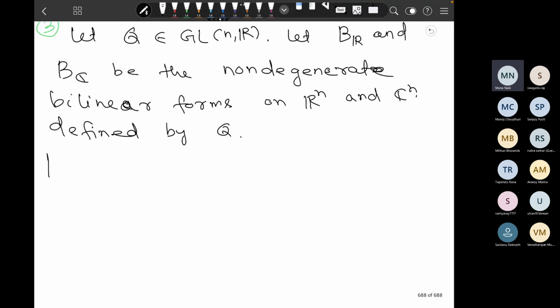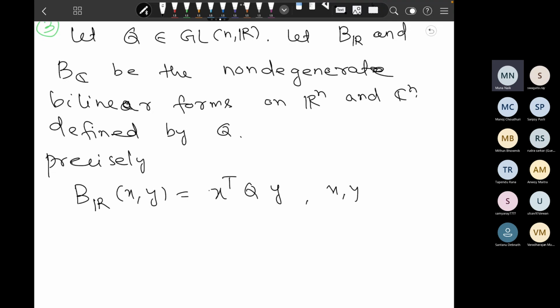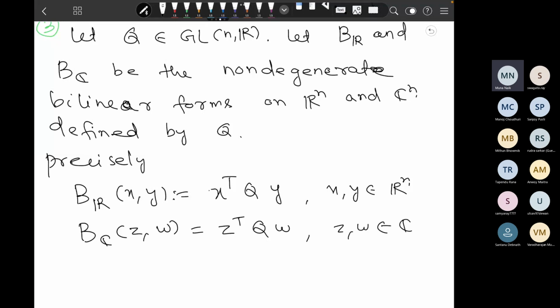So precisely, you can take BR(X, Y) equal to X transpose Q Y, where X, Y belong to Rn, and BC(Z, W) equal to Z transpose Q W, where Z, W belong to Cn.